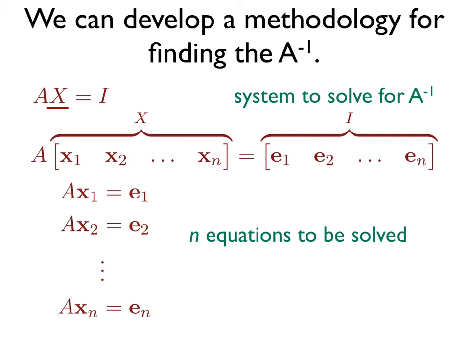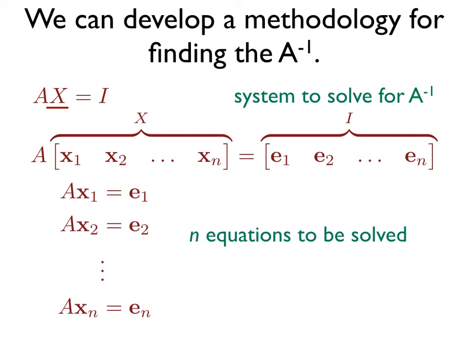And so looking at this carefully, we can come up with a way to actually find the jth column of the inverse, because each of the solutions to these n equations will actually form the jth column of the inverse. So for example, looking at the first one again, A x1 equals E1 would actually be the solution that finds the first column of A inverse.